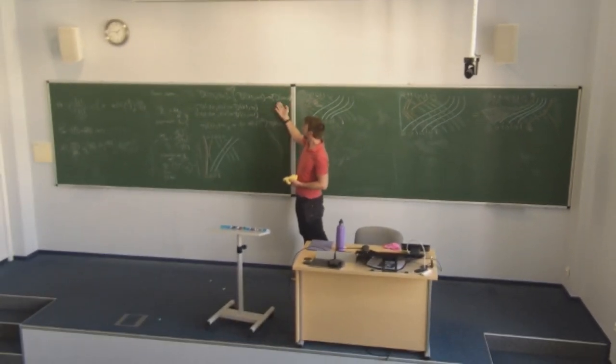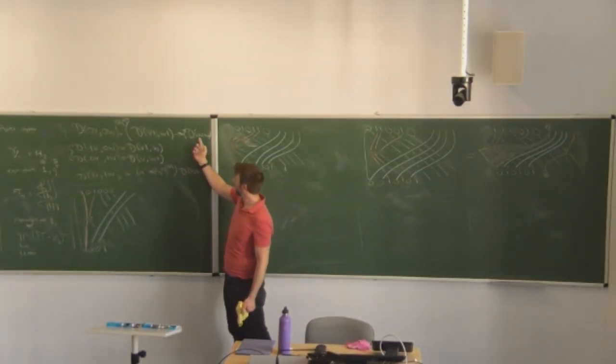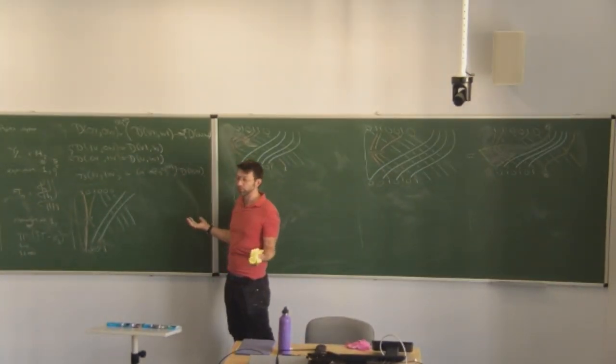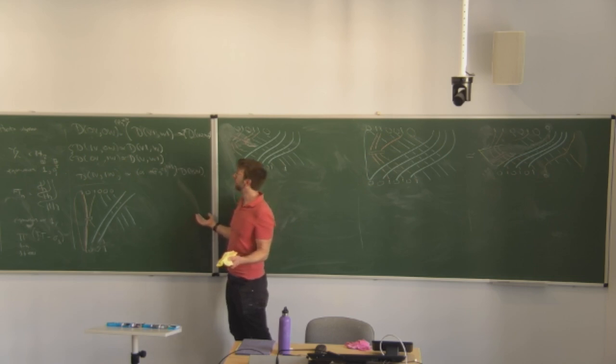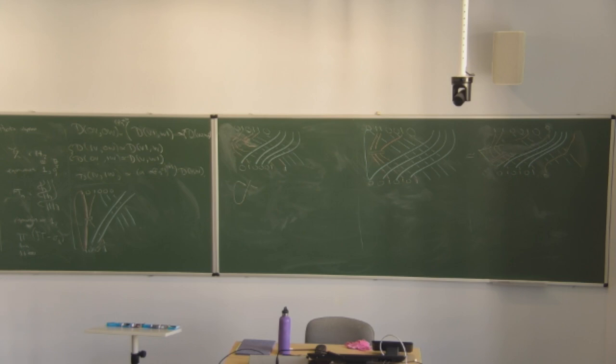The only way this algorithm could fail to terminate is if V and W were both the all zero sequence. That's the only way. And if V and W are the all zero sequence, then you use relation 0.